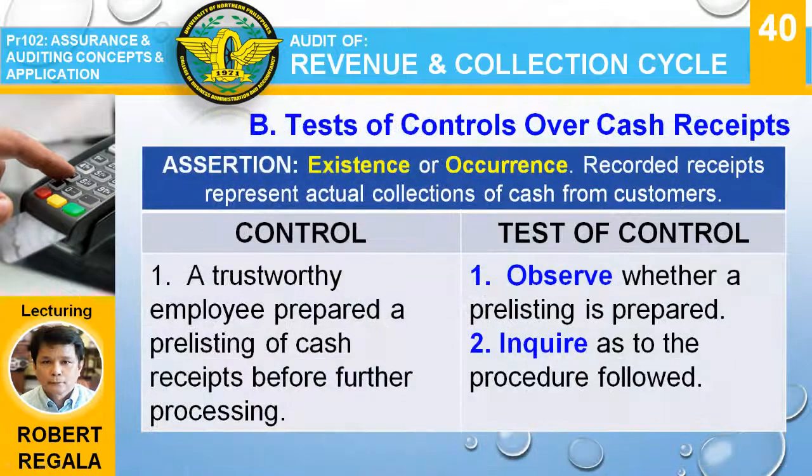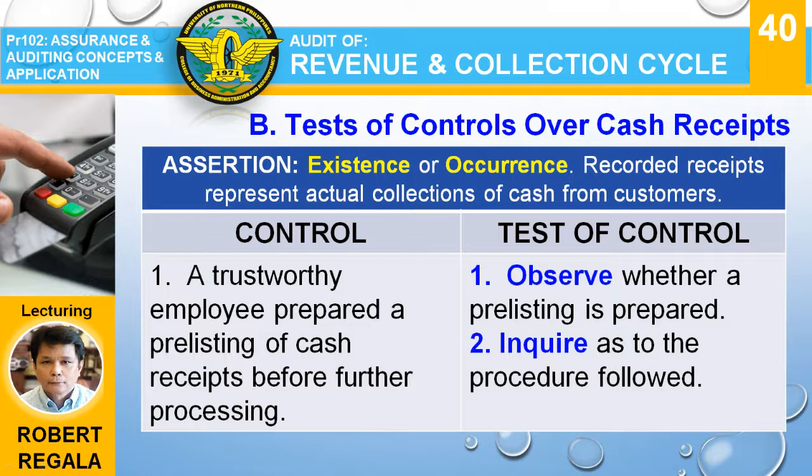Slide 40. General assertion, existence, or occurrence. Specific assertion, recorded receipts represent actual collections of cash from customers. The control on this and the next 3 slides will cover for the assertions mentioned.